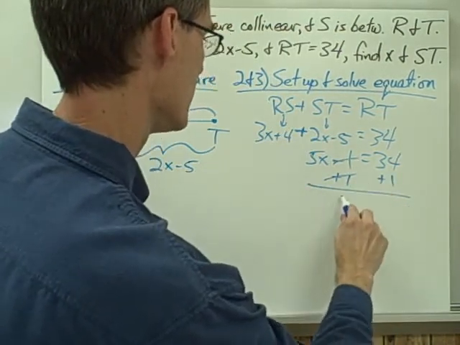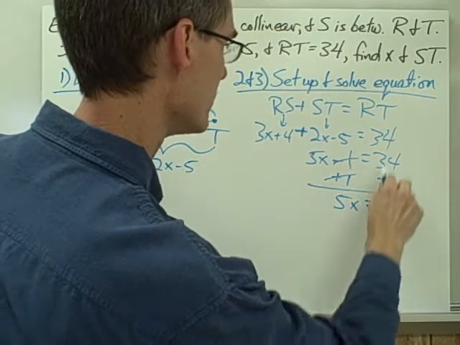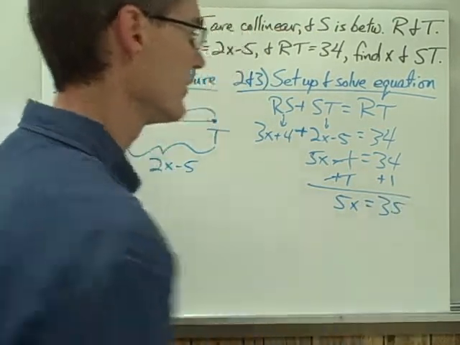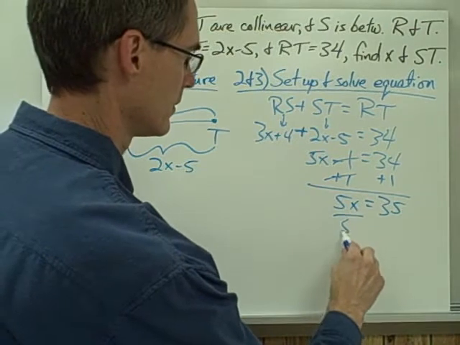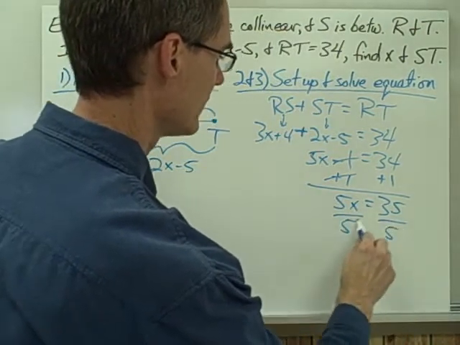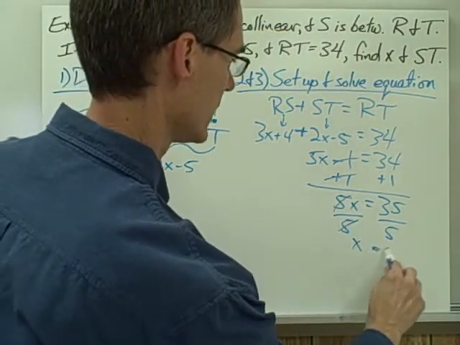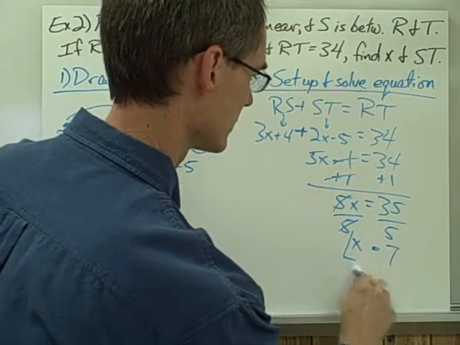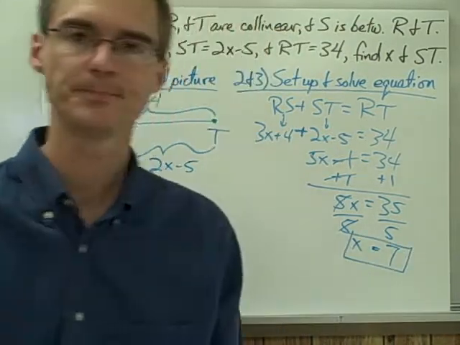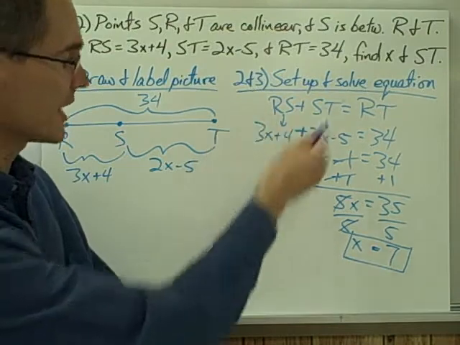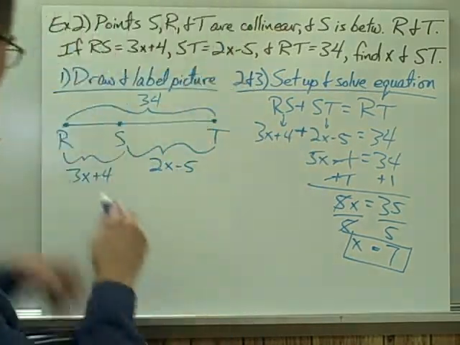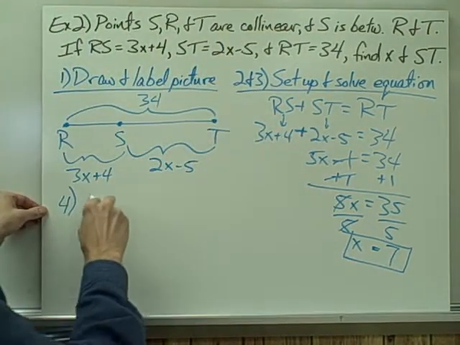My 1's go away here, so that gives me 5x equals 35. Divide each side by 5, and I have x equals 7. So now I'm finished with step 3. I solved my equation. Now I need to remember step 4.